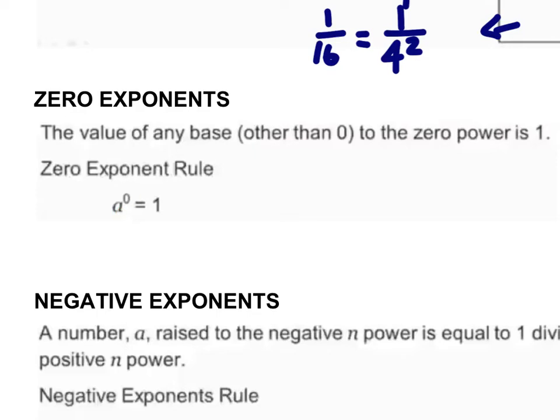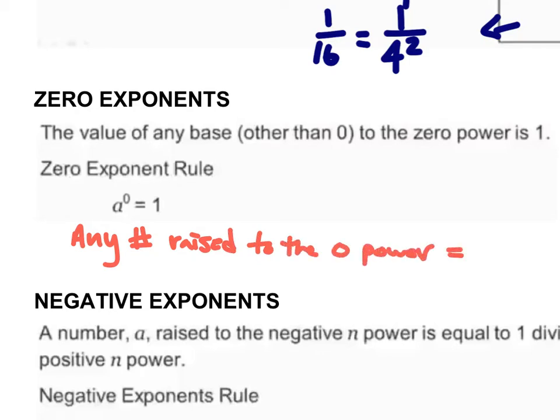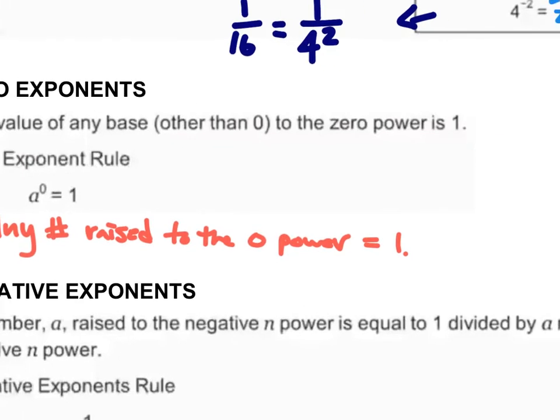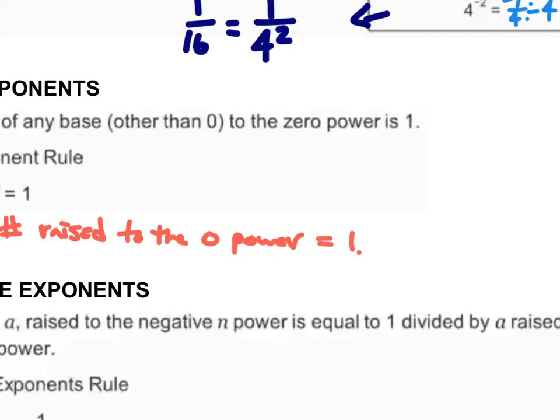And what I want to write here is any number raised to the 0 power equals 1. I know we are saying the exact same thing, but I just want to put it in simpler terms.